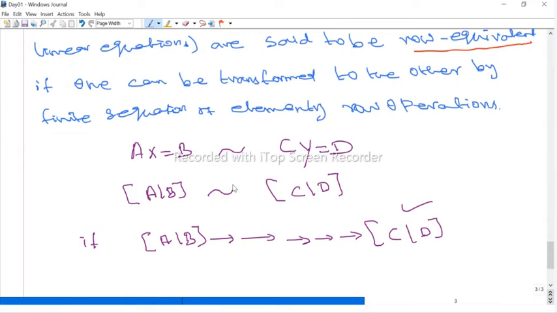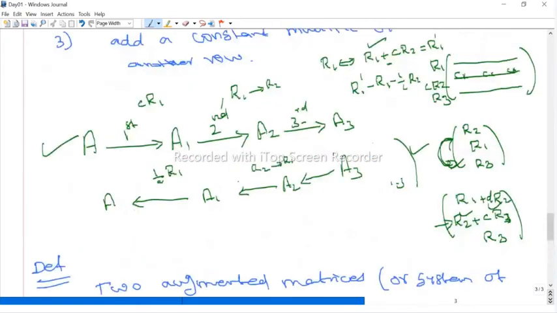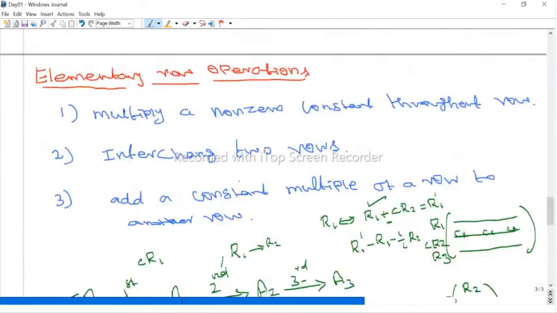What do elementary row operations mean? You can multiply every term of a row by a non-zero scalar, or you can interchange two rows, or you can multiply a constant to one row and then add it to another row. These three are the basic operations. You can repeat them any number of times; if you want, you can use the first kind three times, or the second kind three times.